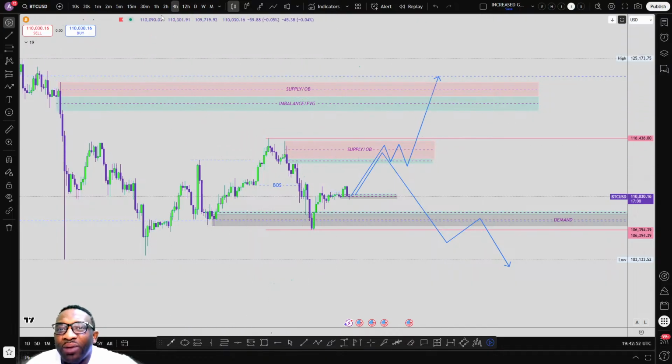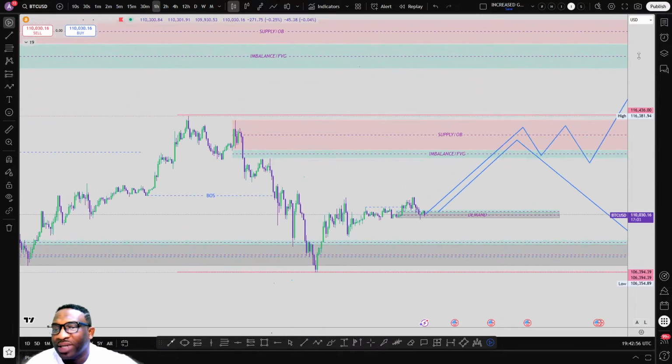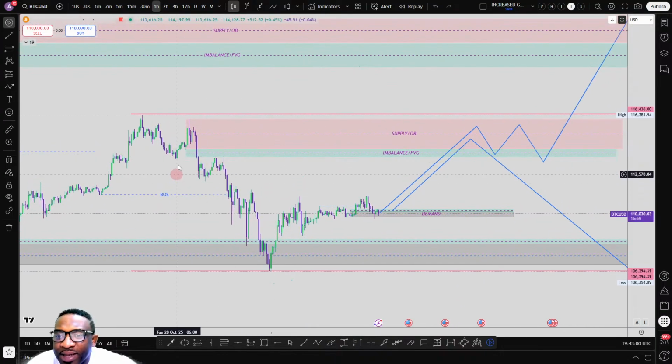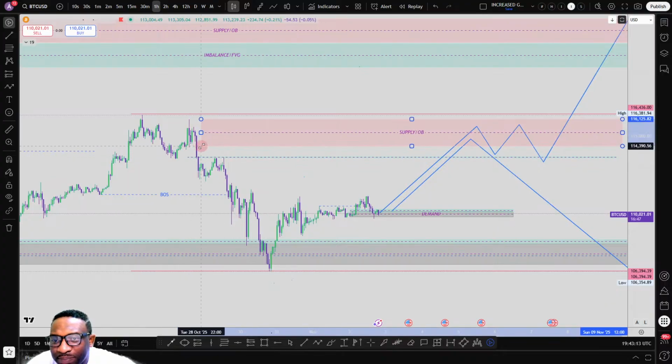We can further refine it by going to 1 hour. On the 1 hour time frame, we do the same thing. As I said, we do this to give us a better risk reward ratio in terms of how much we will be risking on this particular trade.